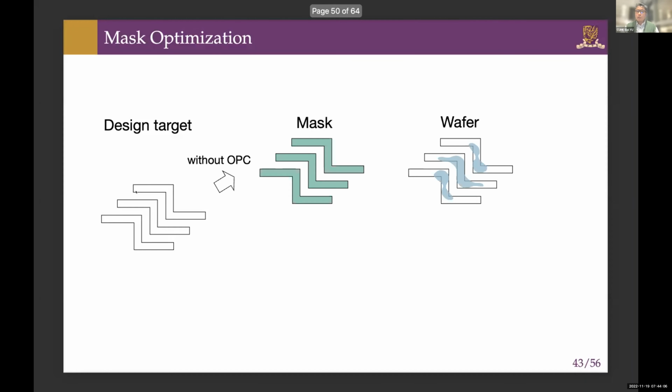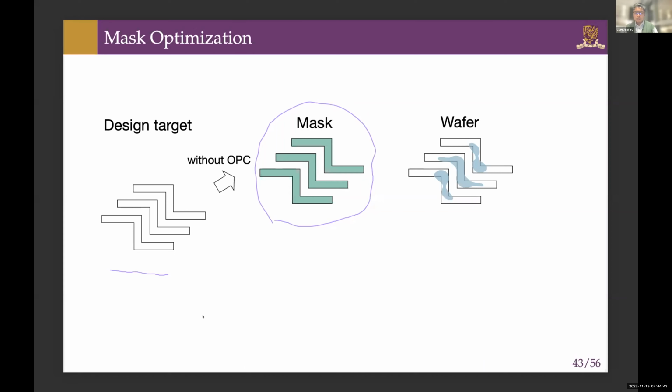Without OPC, we can design an identical shape on the mask, but after the manufacturing process, the patterns on the wafer will be very, very different from the design target. We can see that we have lots of shrinkage here. So essentially, what you get will be totally different from what you want to design.